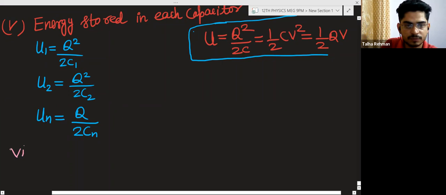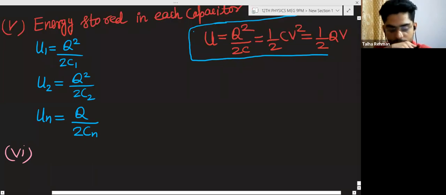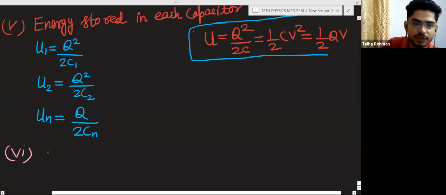Sixth point is total energy stored in the system or circuit.